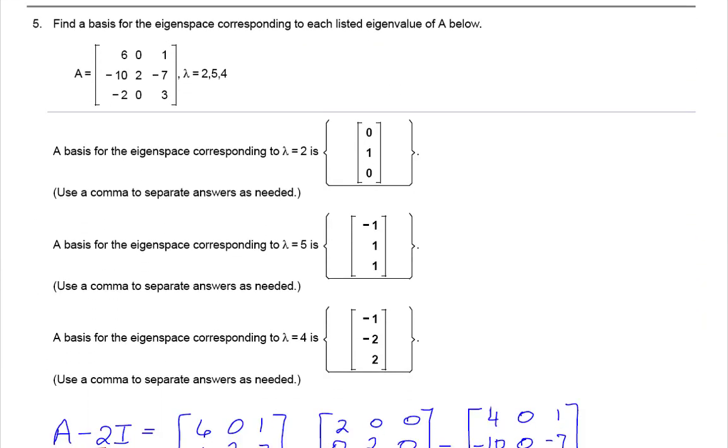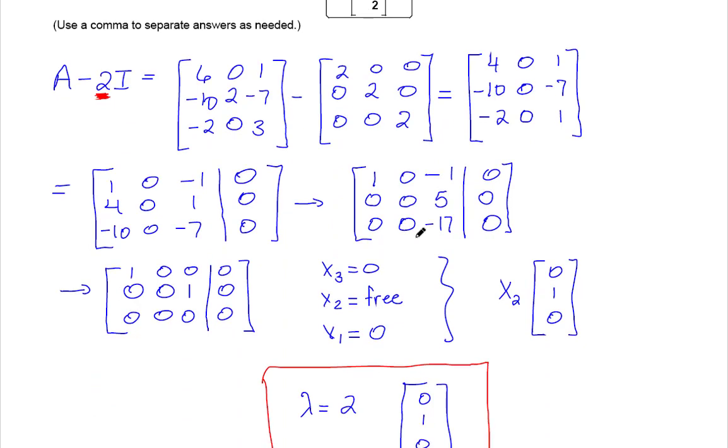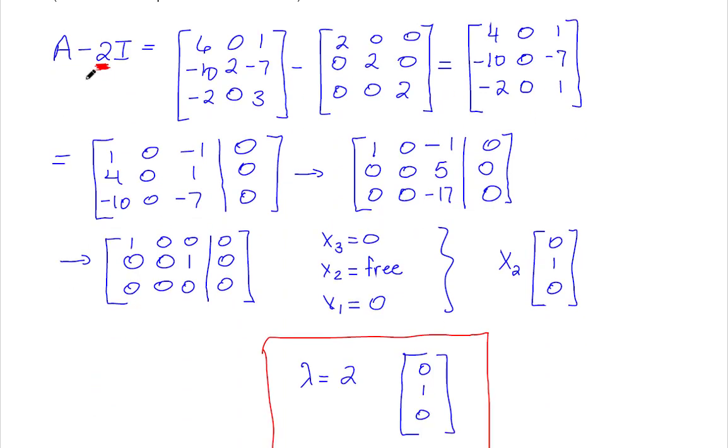All right, in the next question, we are given matrix A. We're given its 3 eigenvalues, and so we want to find a basis for each eigenspace. All right, so using the 2, I form A minus 2I. Do the subtraction, get my matrix.